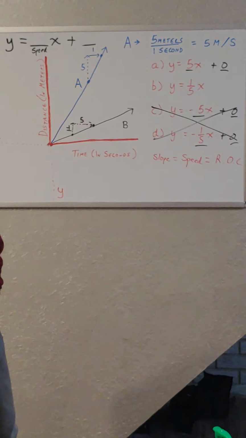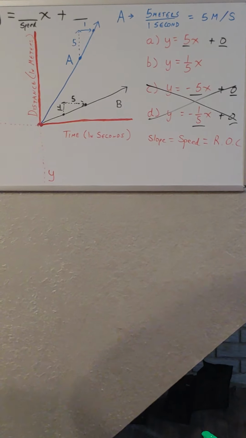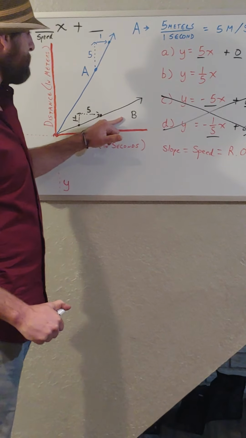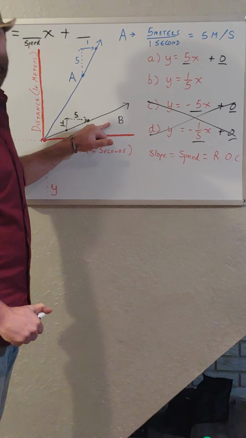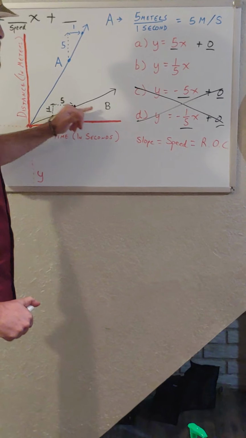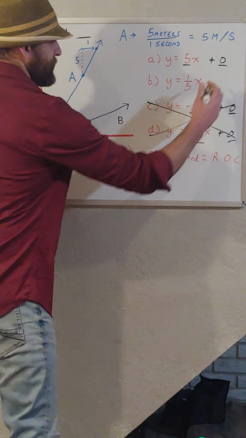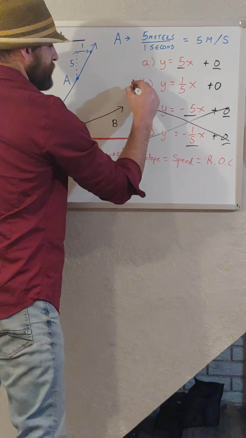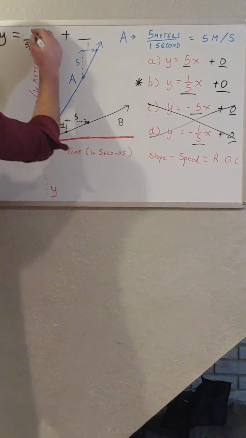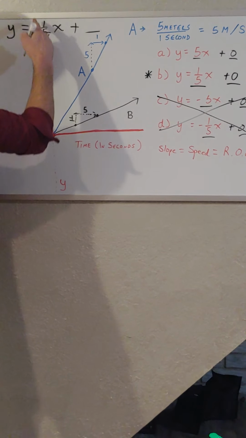And the question specifically says, which equation would be best for describing car B? So the equation that would be best for describing car B in this example, in my example, would be this one right here. Because when I put it into this template, the speed is 1/5.